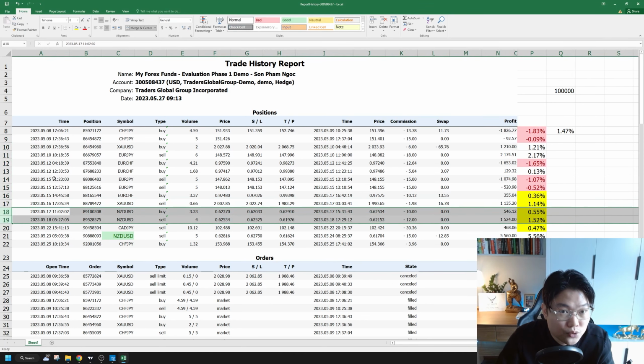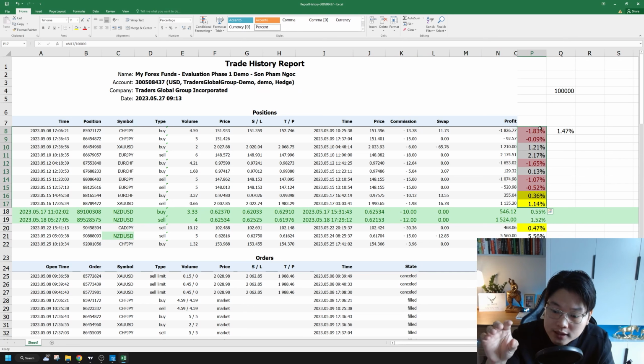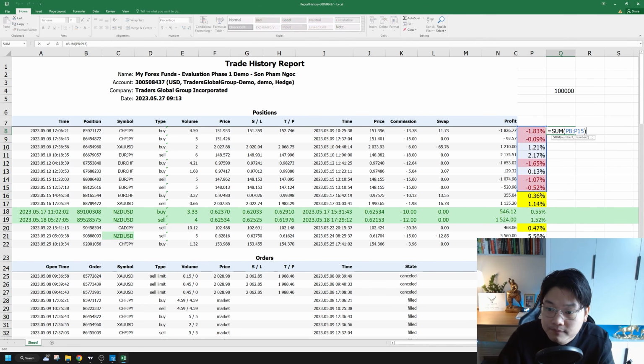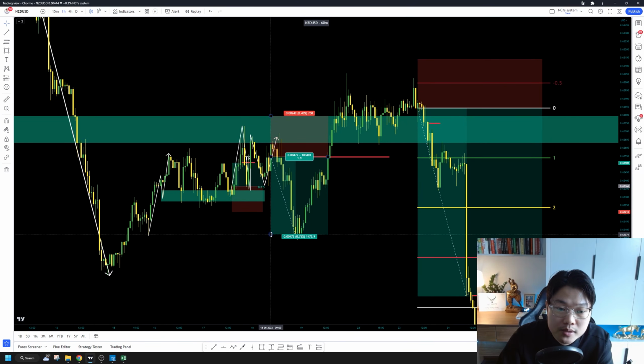I will mark the trade of the New Zealand dollar right here. I want to see the history, the total history right over here, in break even. You can see right here my balance at this time is still in break even. Therefore, I don't want my trade right over here to go from the profit level into break even.